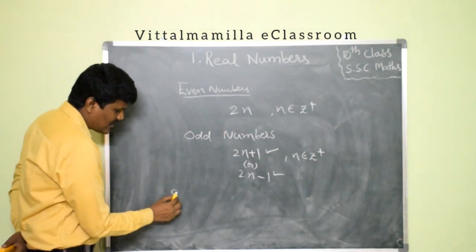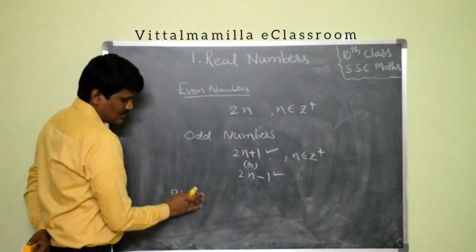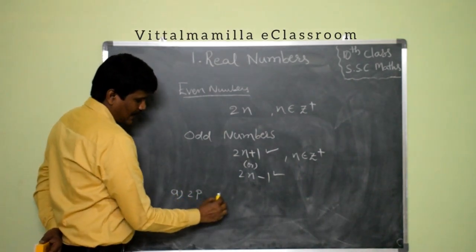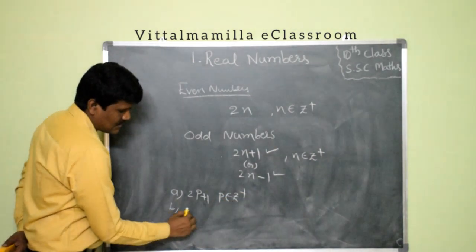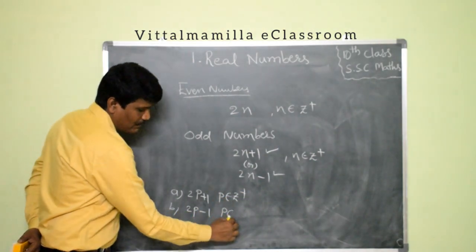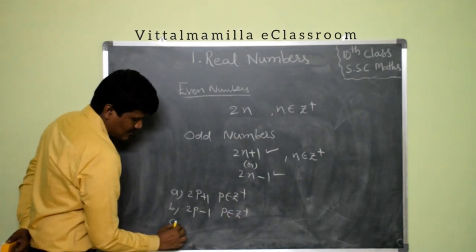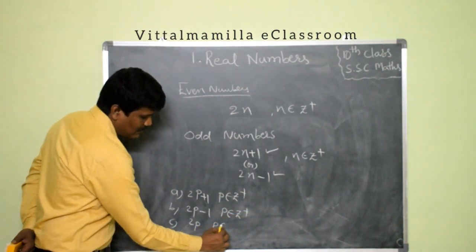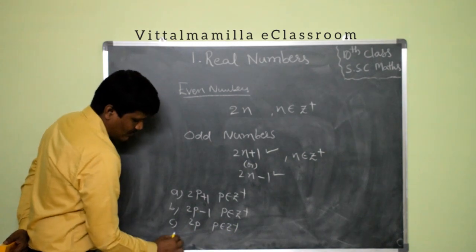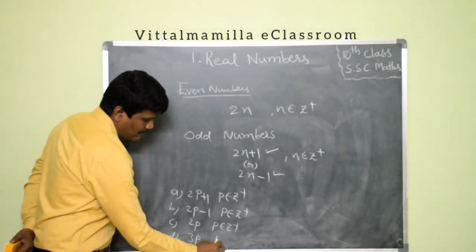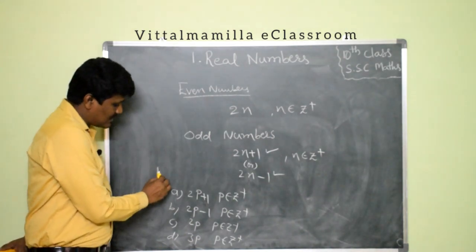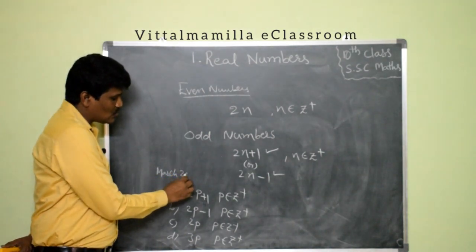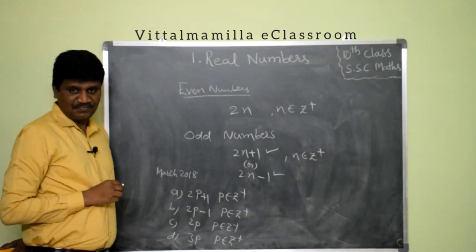The options are given like this: 2p plus 1, p belongs to Z plus; 2p minus 1, p belongs to Z plus; 2p, p belongs to Z plus; and 3p, p belongs to Z plus. This question was asked in the March 2018 public examination.